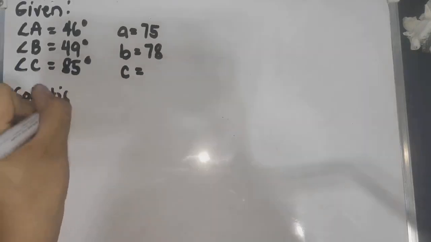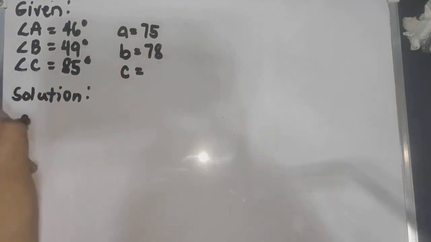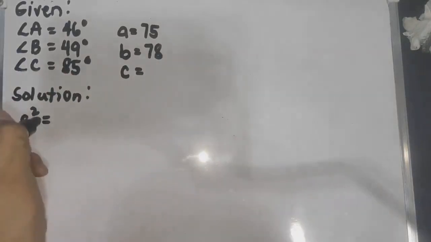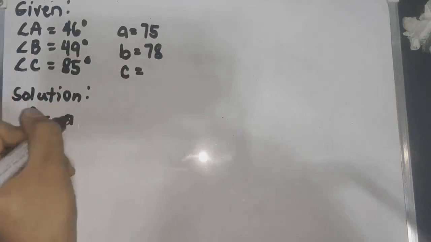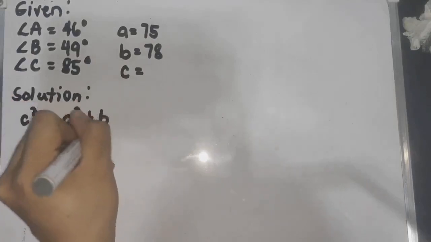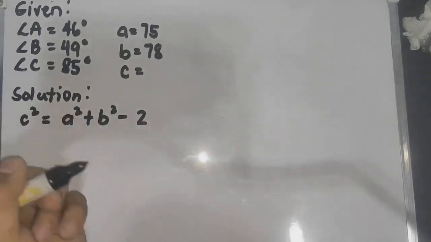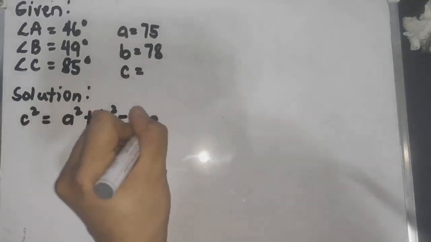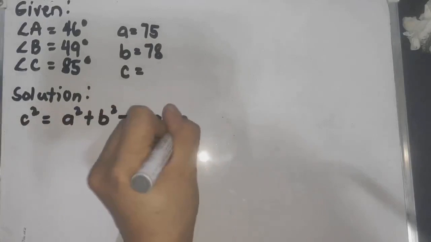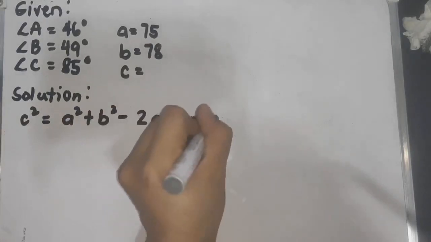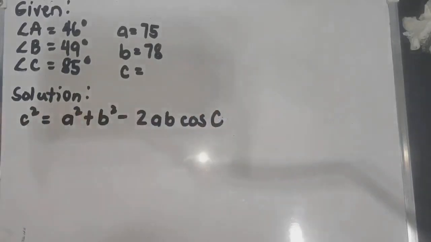So, ito yung solution natin: c squared is equal to a squared plus b squared minus 2, laging 2 yun, hindi napapalitan, times a times b times the cosine of angle C.